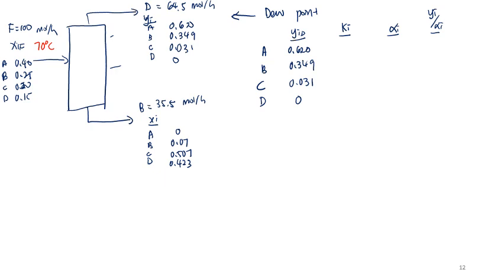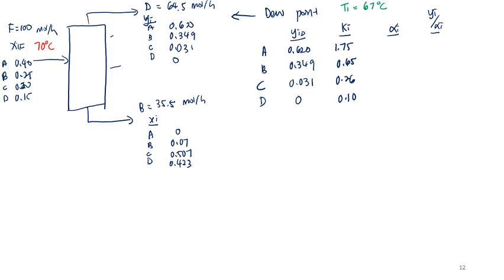So what would be the temperature that we would guess in this case? Okay, let's assume we get lucky because we are just following the examples from the book. So let's assume T1 equals 67 degrees Celsius. And then if you read the chart that was given to you previously, you can read from the temperature 67 degrees Celsius what are the values of K for A, B, C, D. So 1.75 for A and 0.65 for component B, 0.26 for component C, and 0.1 for component D. Now just to complete the exercise, okay?